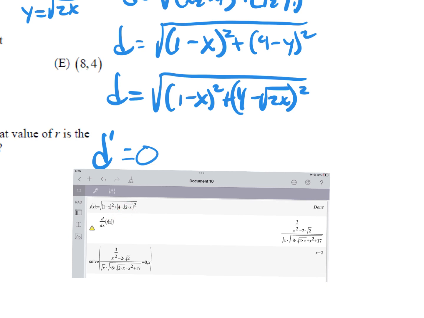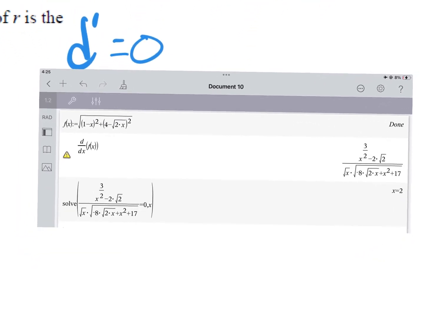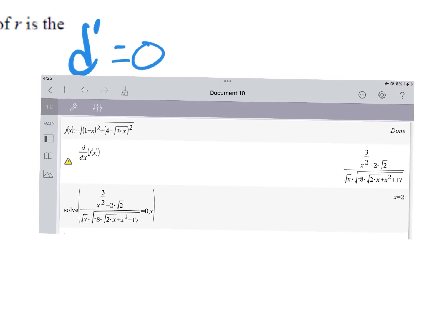And then here's a way, I saw somebody do this, so I can't take credit for this idea, but I saw some students doing this where they took the derivative and got this crazy looking thing. You don't need to write this down. And then we want to solve, and what I typed here, actually, I typed solve, and then use the answer key equal to 0, comma, x.